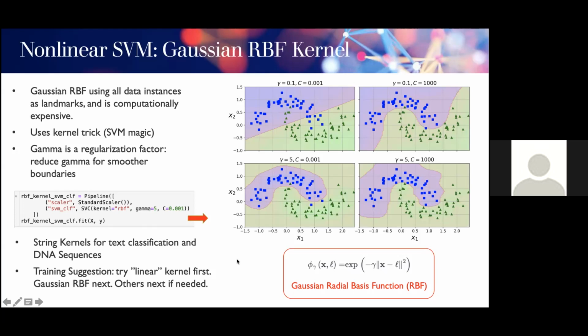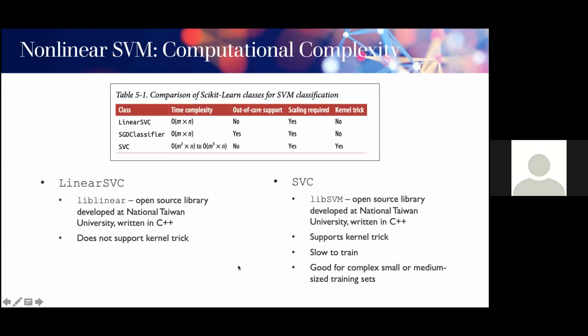And the author suggests that in terms of the grid search and cross validation, start with the linear kernels and gradually increase to the Gaussian RBF and others next. So with that, let's move on to the computational complexity of the support vector machines.